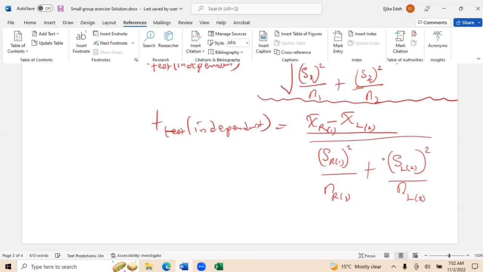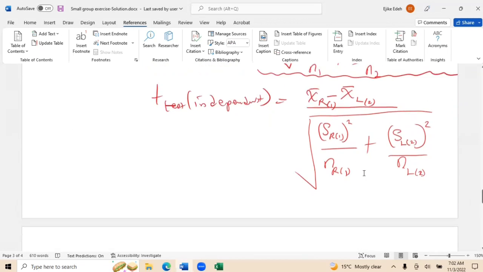And this is square root. Right, so this is a more harmonious form of the formula, but I'm going to remove all these R and L, not to confuse you, but I'm putting that here to make it clear where you're getting your values from, okay?